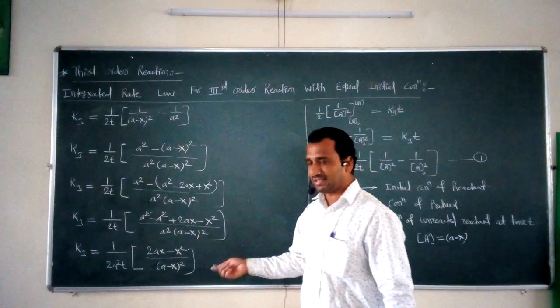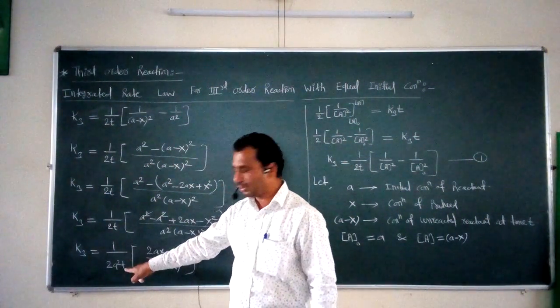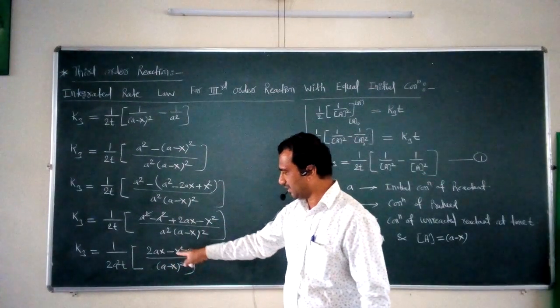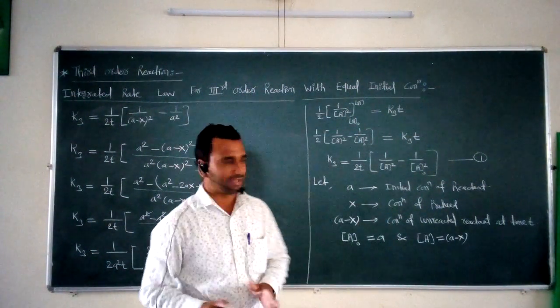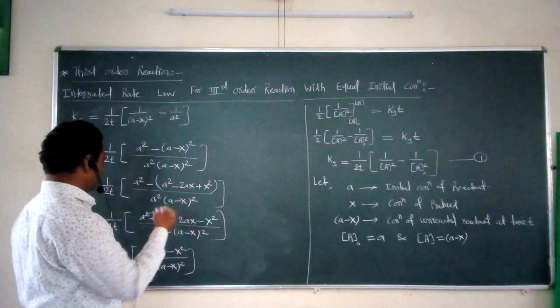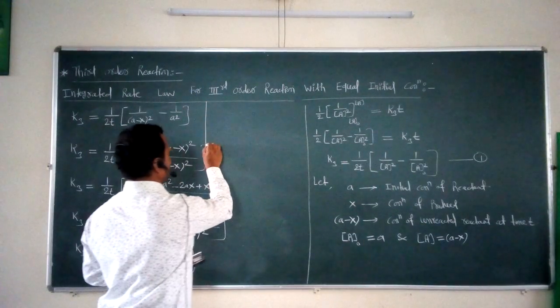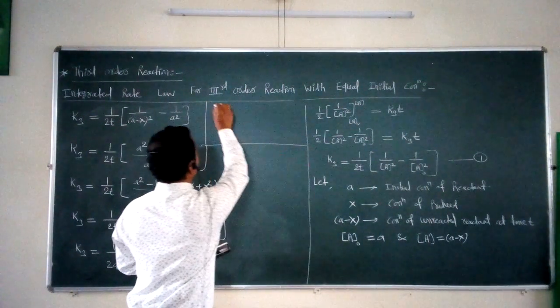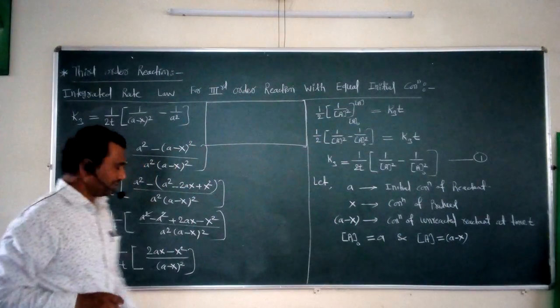So what we can do here, I make this a square out of the bracket, so it becomes 1 upon 2 a square into t in a bracket, 2ax minus x square divided by (a minus x) square. At the last we have to write the final equation of this third order reaction, the final equation of this k3.